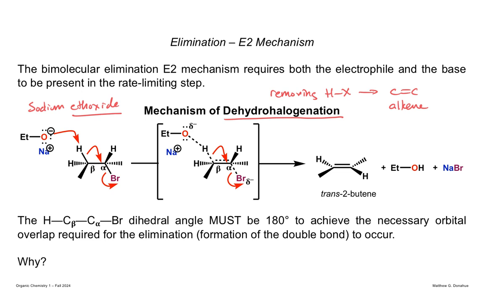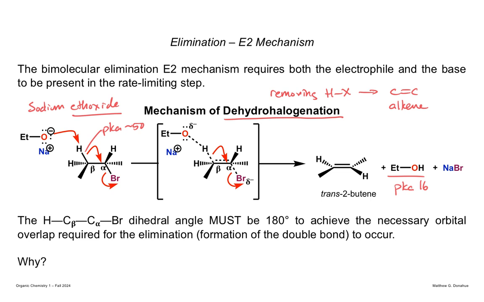And again, we know that the pKa of this alcohol is about 16. The pKa of that hydrogen is about 50. So normally you'd need a much stronger base to deprotonate that.